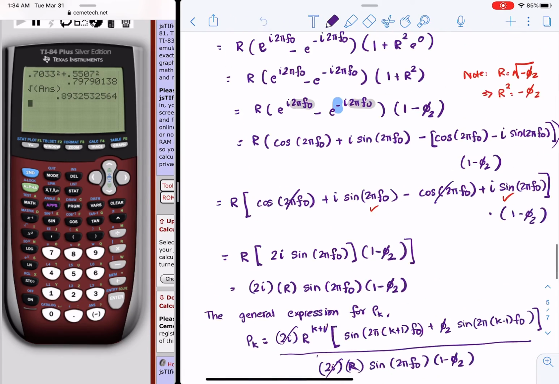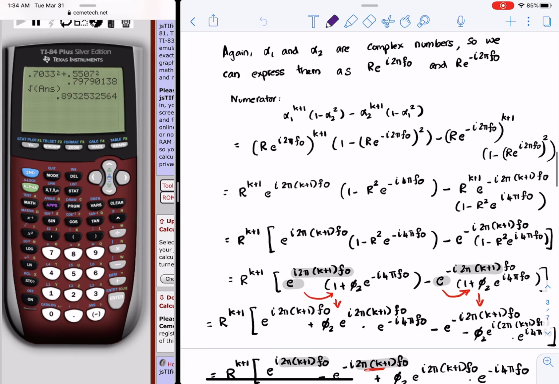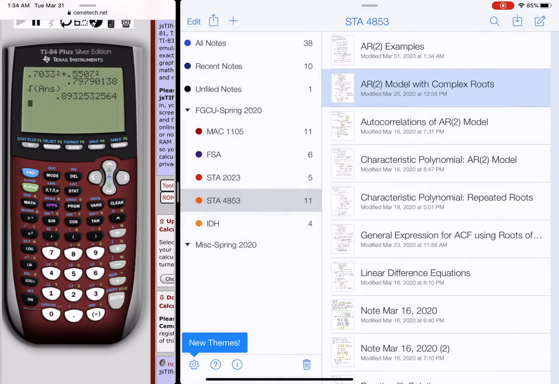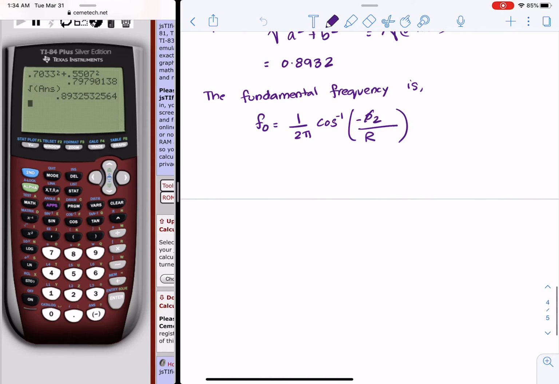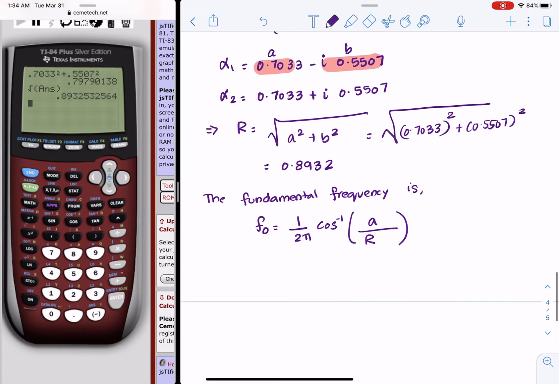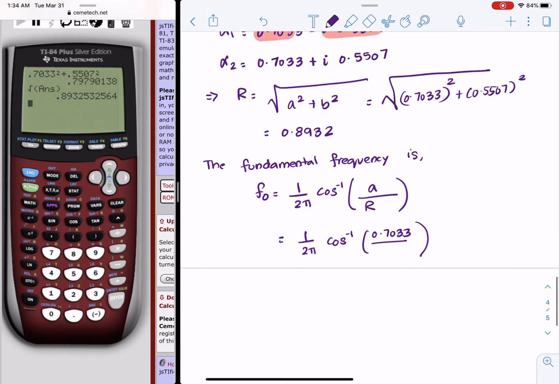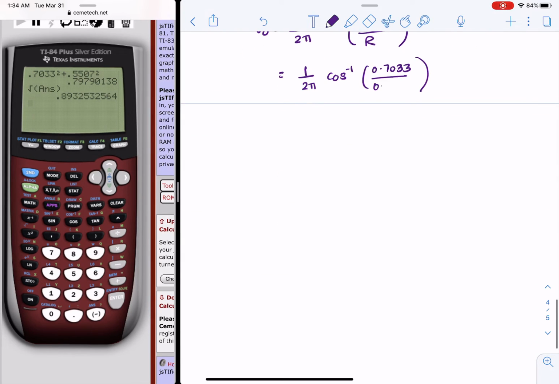I believe it is minus v2. I would like to check that. It's actually a over r. And the value of a is 0.7033. And the value of r is 0.8932.